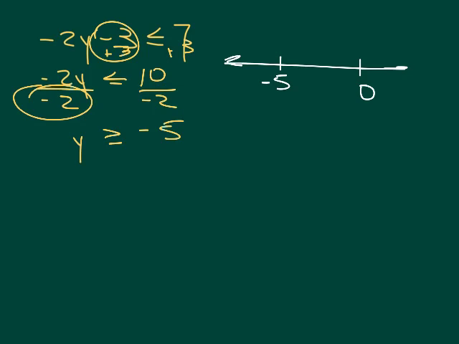So if I'm using parentheses and brackets, you know, my rounded one and my square one, to graph this, I would make a square at -5, and my arrow would go to the left, showing me that whatever y is, it's going to be bigger than -5, and it could even be -5. If I wanted to use interval notation, I would do this. And what would I use for my other number? Infinity.